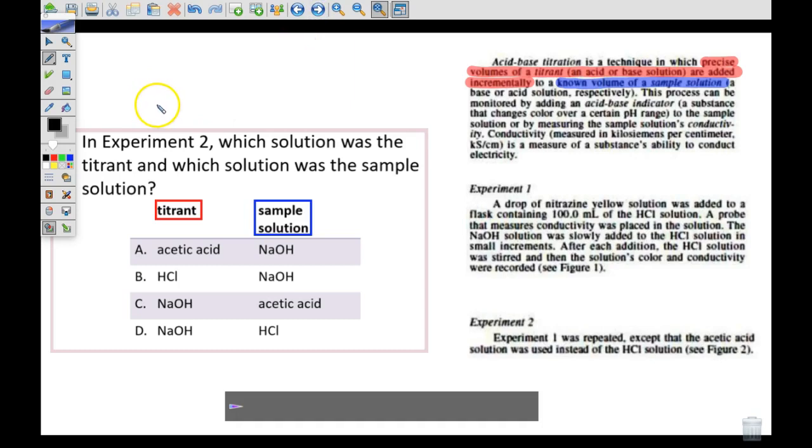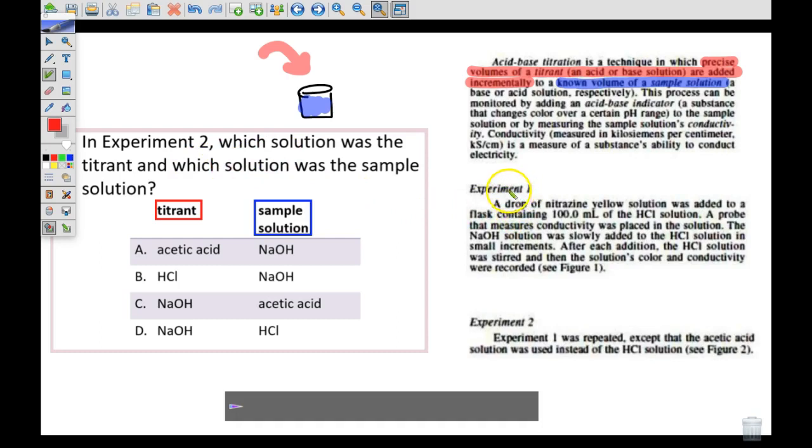In experiment 2, which solution was the titrant and which solution was the sample solution? So we have 4 different options here. In the beginning paragraph, it tells us that precise volumes of a titrant, an acid or a base, are added incrementally, while a sample solution is what's being added to. So to give you a visual, in a beaker or other container, we would have our sample solution, and we would be adding a titrant to that.